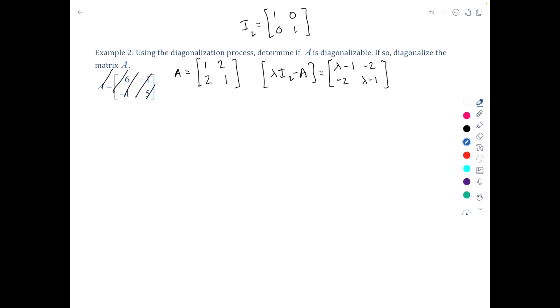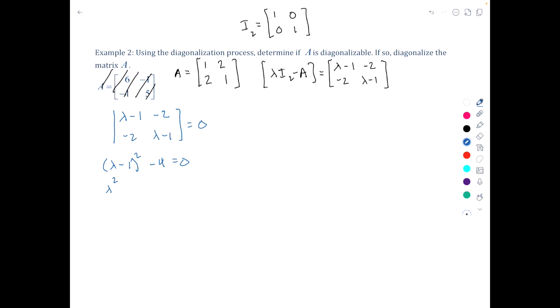So let's go ahead and do this quick. We learned how to do this in the last section, I believe. We want to find the eigenvalues by setting the determinant of lambda I2 minus A equal to 0. So we'll get lambda minus 1, the quantity squared, minus 4 is equal to 0.